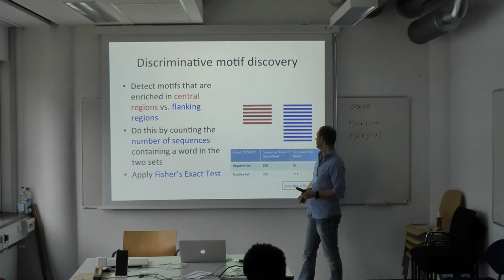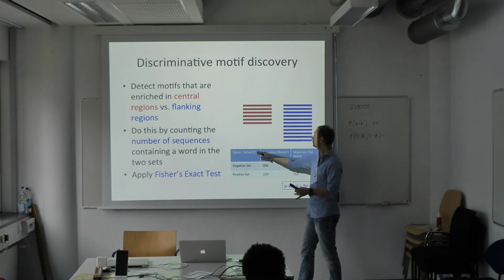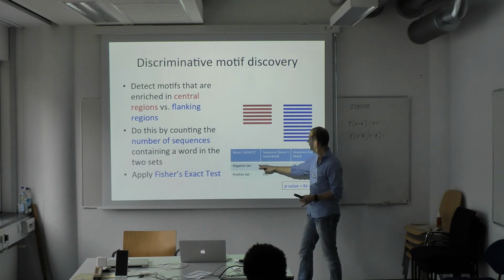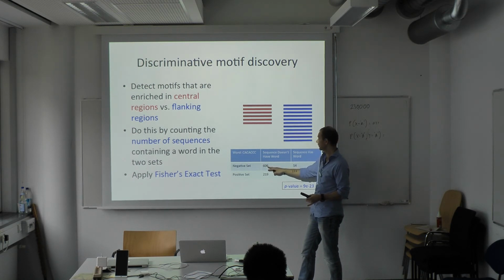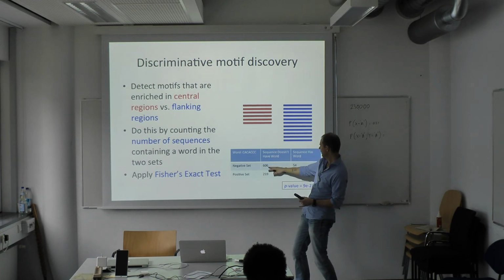So for this one here, we're going to tabulate, as we will do for all the others, how many sequences don't have the word in the negative set. So in this case it would be 606 out of the 2,300 or so. Sorry, that's not the same data set here.